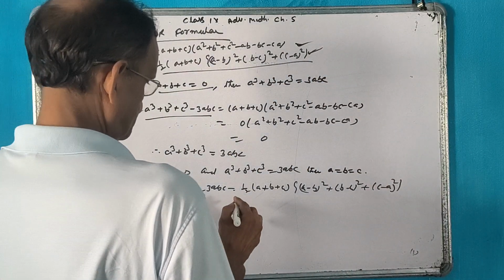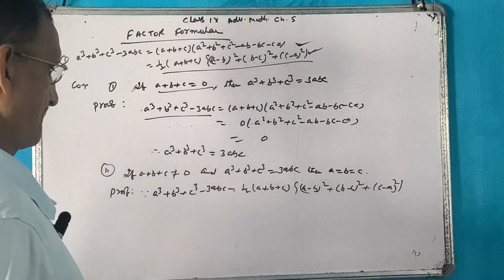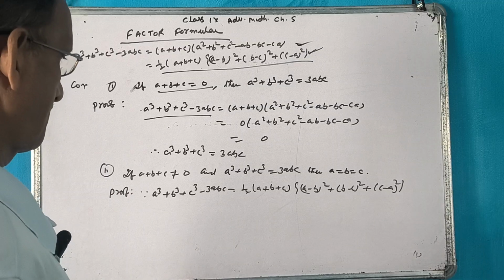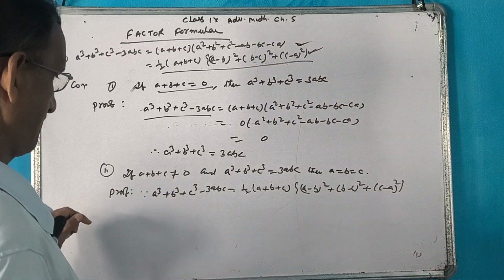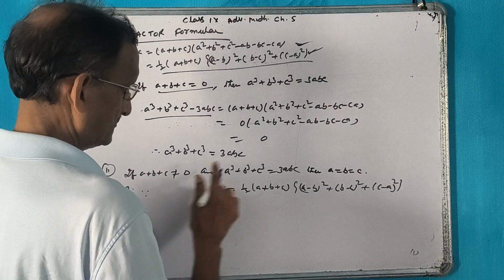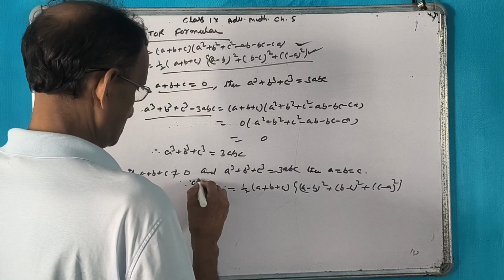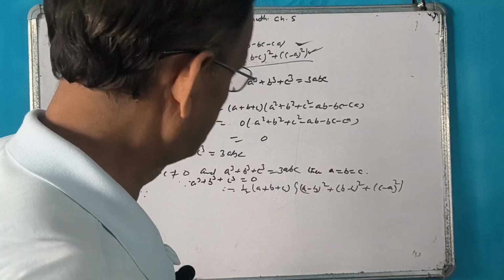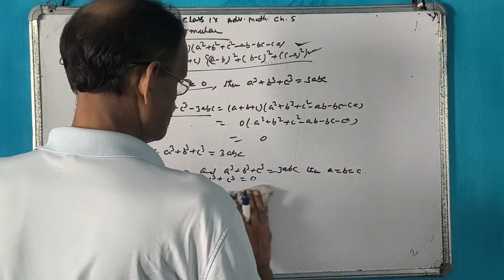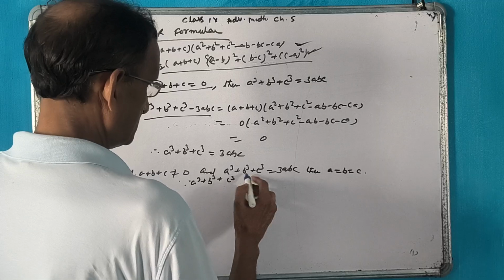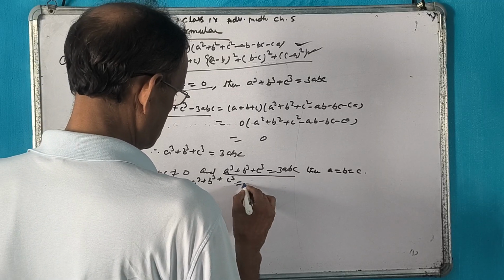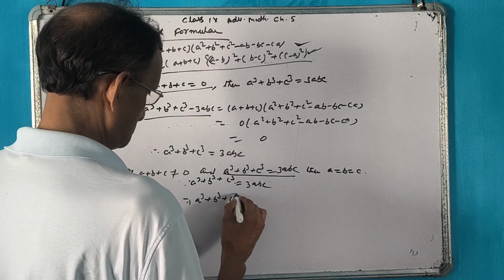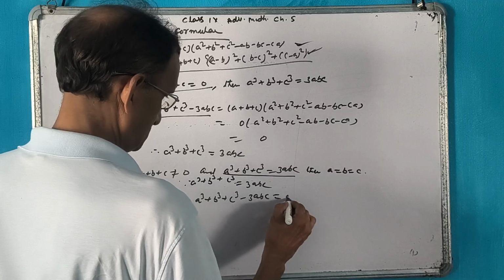Better to write this one properly. What is given? a cube plus b cube plus c cube equal to 3abc is given. So we can write a cube plus b cube plus c cube minus 3abc equal to 0.